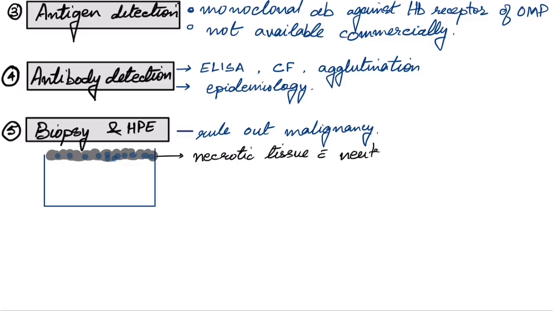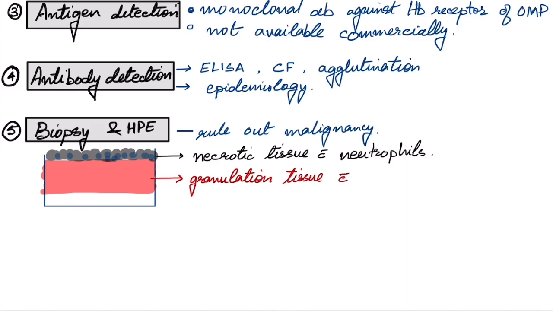The next zone, or the middle zone, is the broadest or the thickest. So what are these? These are granulation tissue, and they have a lot of blood vessels within them. This is the reason the ulcer bleeds easily.